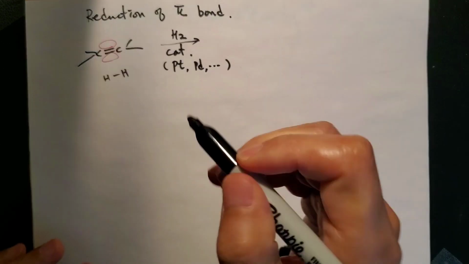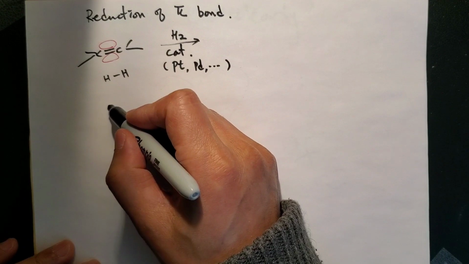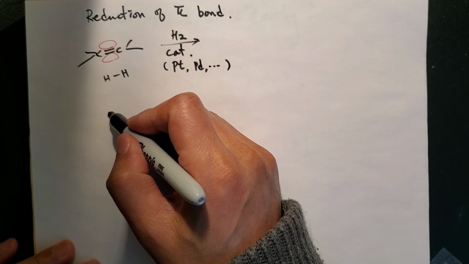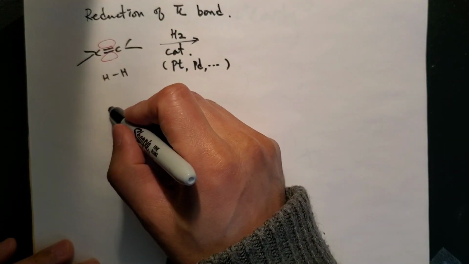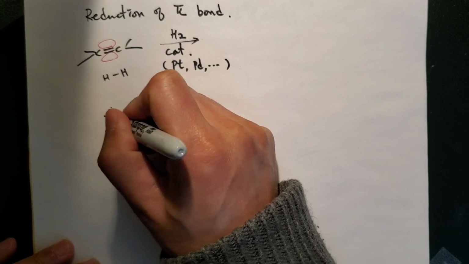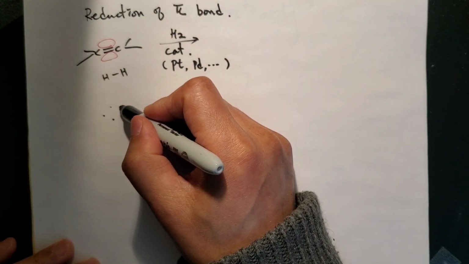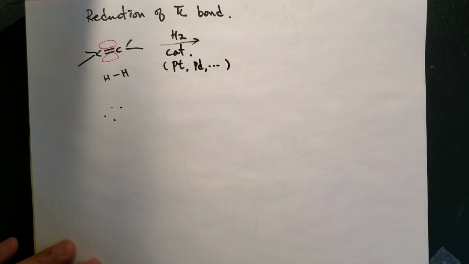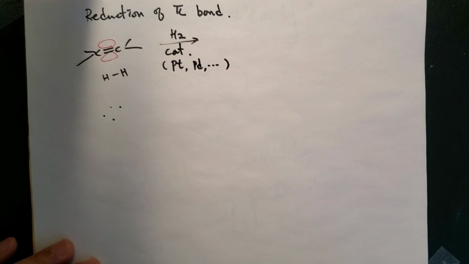So when you run the reaction, you have a catalyst in powder form that's suspended in the nonpolar oily liquid. So those are small particles. That's the surface where the hydrogen gases are connected and sitting.